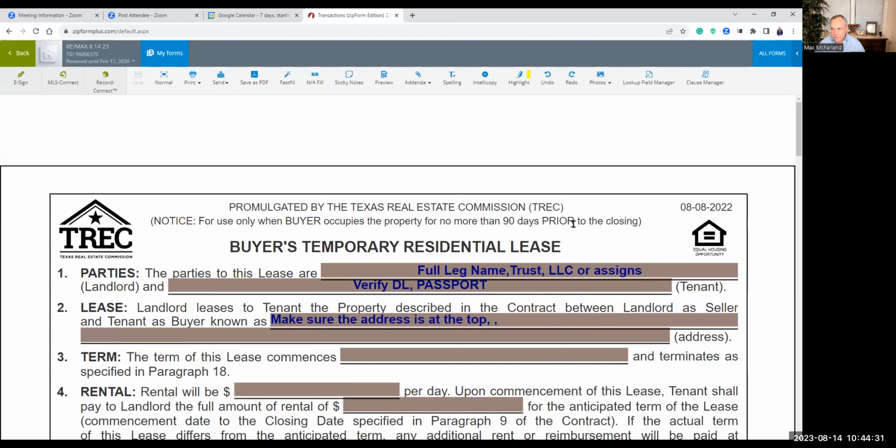There's a question in the chat. Ruby has a question about the earnest money, and yes, earnest money in the state of Texas is not required. However, if you have earnest money in the contract, then you need to make sure it gets deposited. That's why I say on a backup, put 0 because it's not required, and then put the option fee. That way, the only thing the buyer loses if we terminate is the option fee.